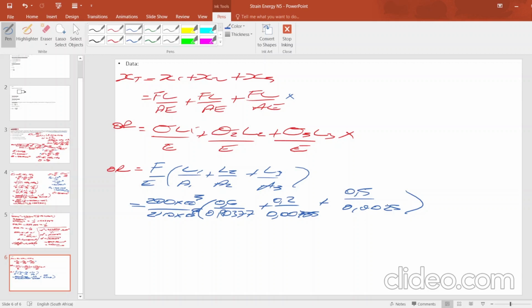The maximum stress we have to calculate from this one here. Right, this side we've already calculated.